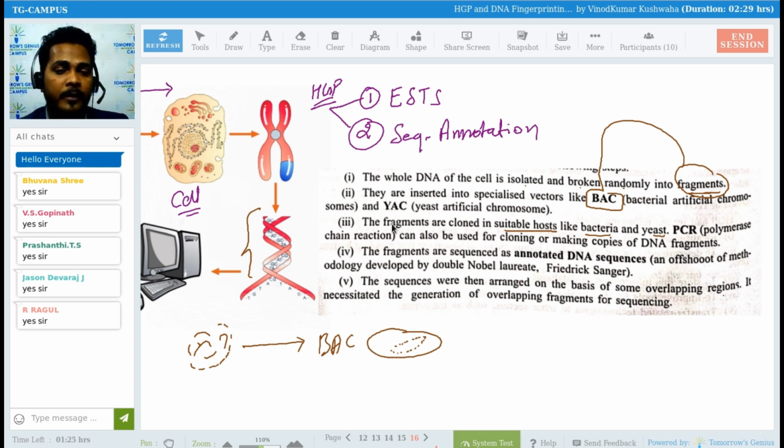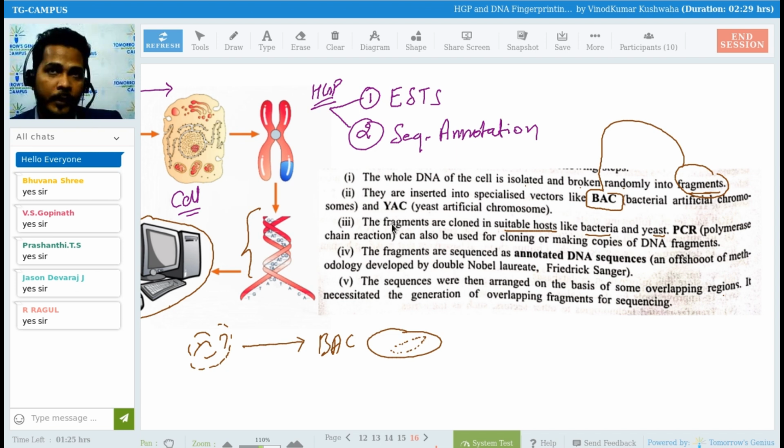So with the help of the computer, all these sequences are aligned and analyzed, and the sequences were then annotated and assigned to different chromosomes. So this is the complete methodology of how they created the Human Genome Project.